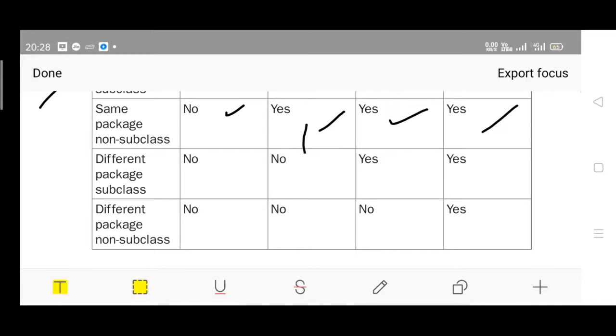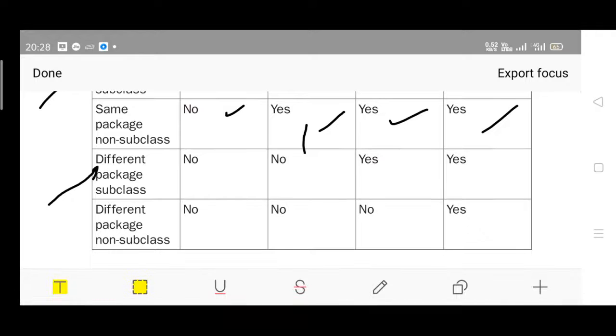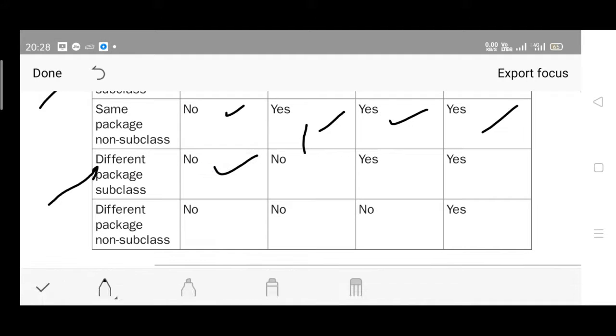Next is different package subclass. Please concentrate here. Members are in different packages, but accessed from one of the subclasses. Of course, the private member is not accessible. Private members have a lot of restrictions, so they are not at all accessible from outside the particular class.